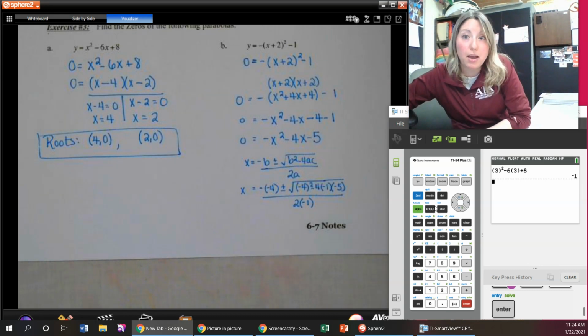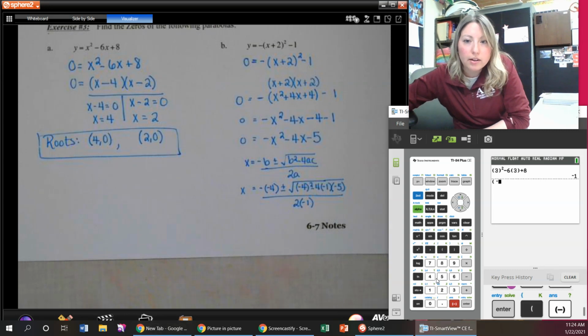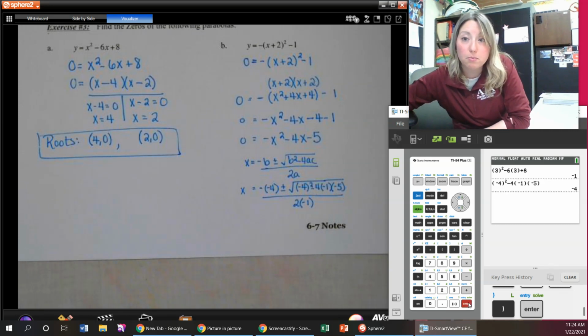So that means I'm going to get imaginary roots, but let's figure out what they are. So negative 4 squared minus 4 times negative 1 times negative 5. Good thing we plugged it in here because only the quadratic formula or completing the square would have gotten me my imaginary roots here.